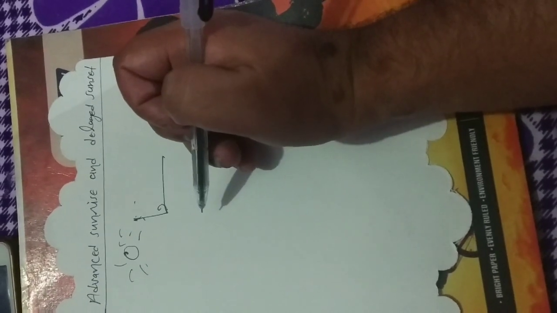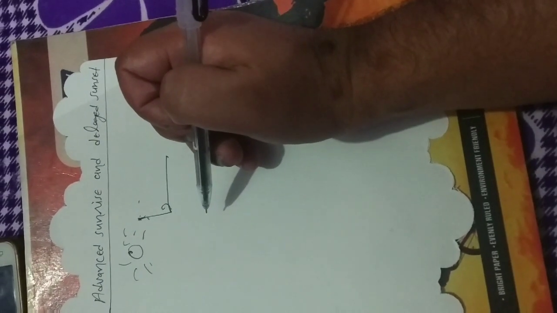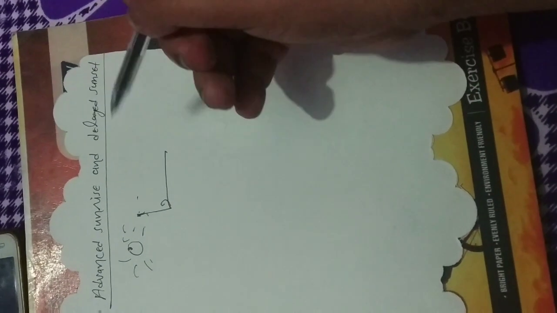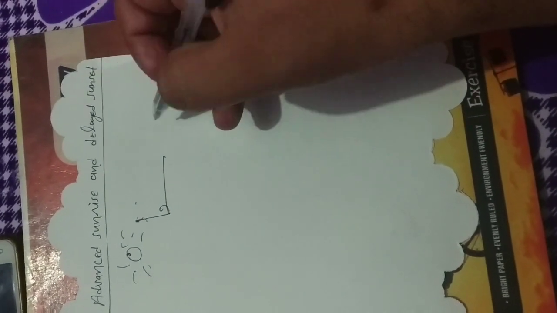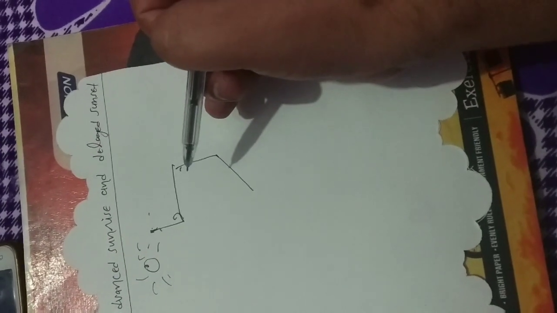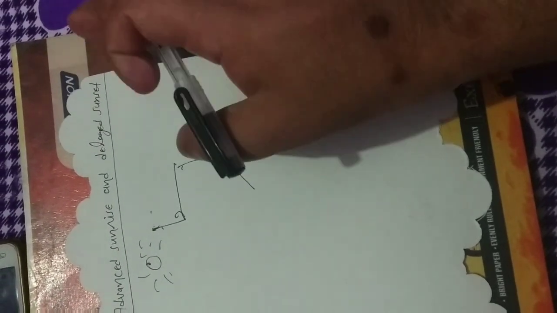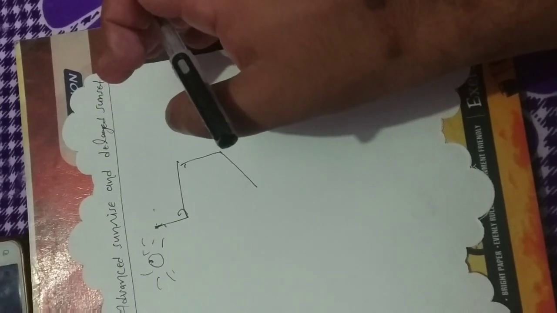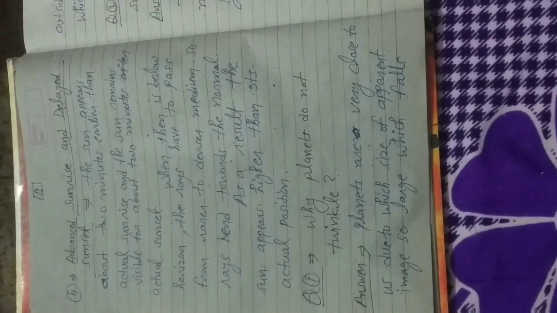As a result, the sun appears higher than its actual position.